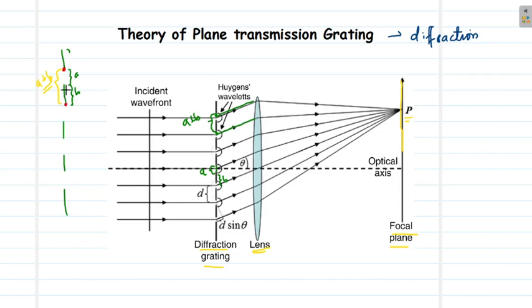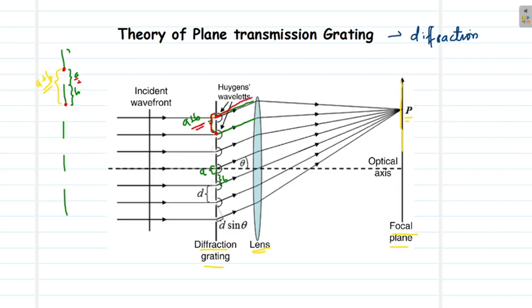So what will be the distance between them? It will be A plus B. Their spatial separation will be A plus B.